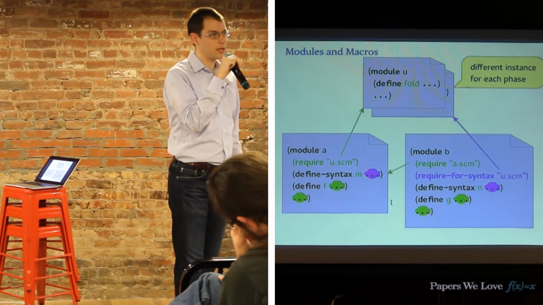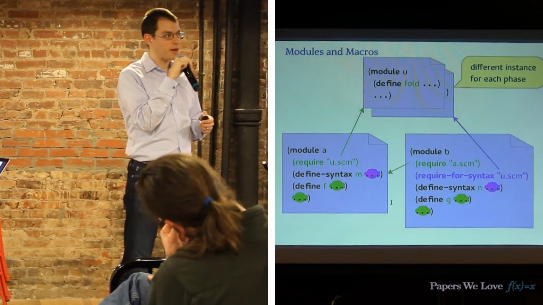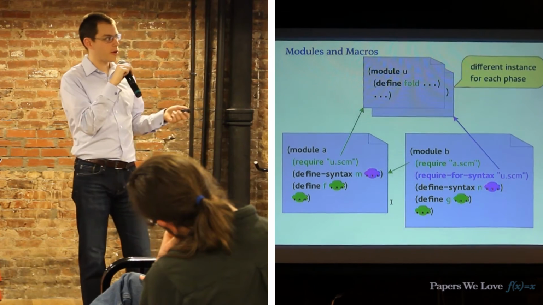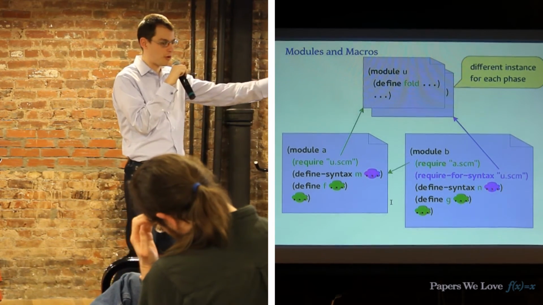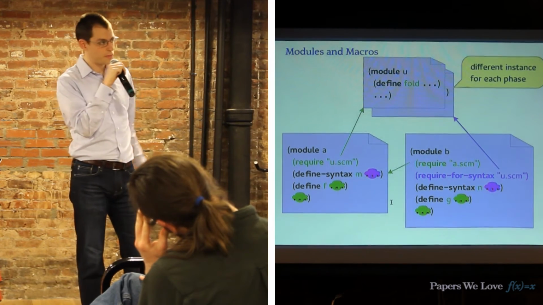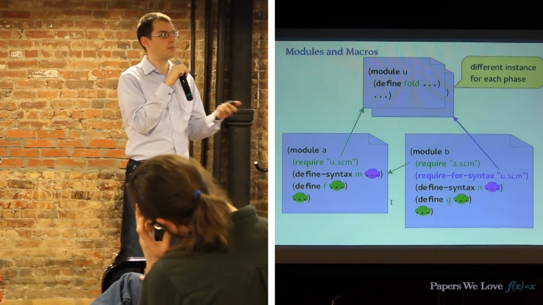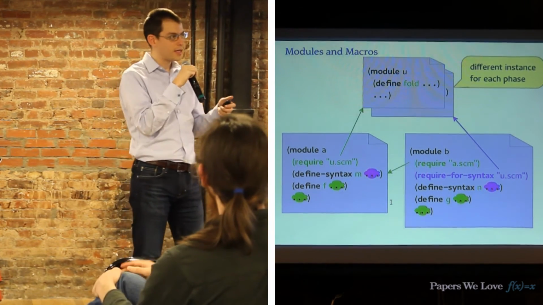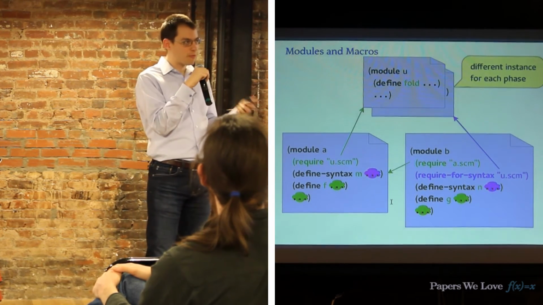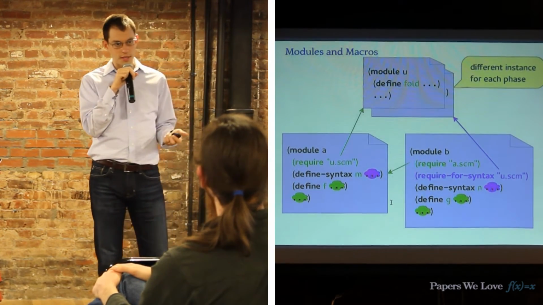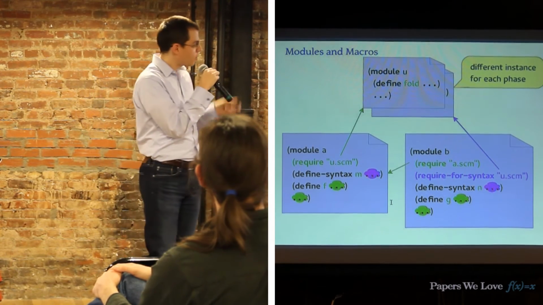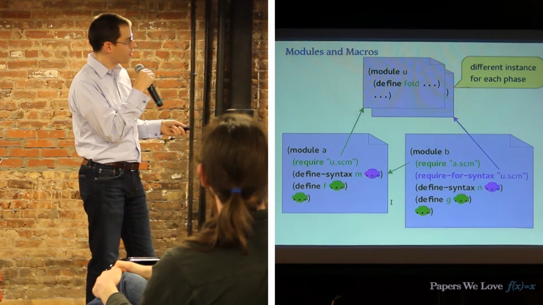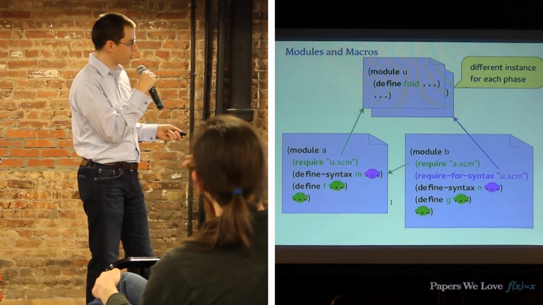And the answer is, if you don't make another one, then things are behaving differently between your scenario where you're compiling your program on your compiler farm and deploying it on EC2 versus the scenario when you're debugging it on your laptop and loading it all into the interactive environment. And situations in which your program behaves differently depending on how you've set up your development environment are really no fun. And so we're always going to have 2 instances of U, one for the purple phase and one for the green phase.